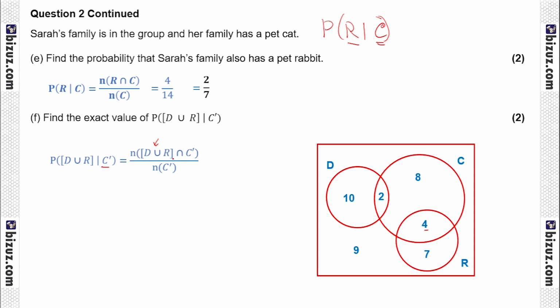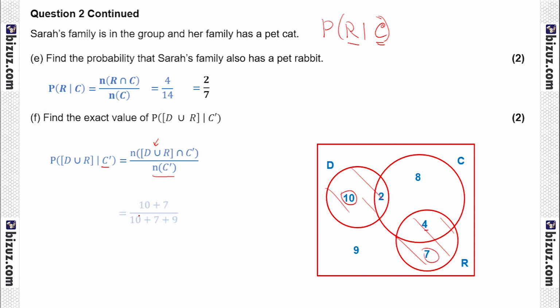So the number of D union R intersection with C prime, divided by the sample size in consideration, which here is the number of C prime. Now, D union R intersection C prime: inside D or R, basically all of this, this is D union R, but we are intersecting that with C prime. So outside C, so 10 and 7.